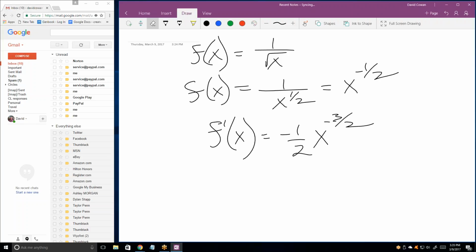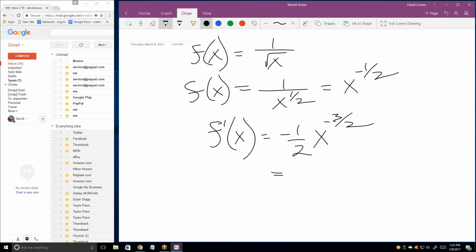Okay? Now, are there any other parts to this question other than finding the first derivative? How about evaluating the first derivative at some number? No, it just says no negative exponents. Okay, so let's write this answer without negative exponents.